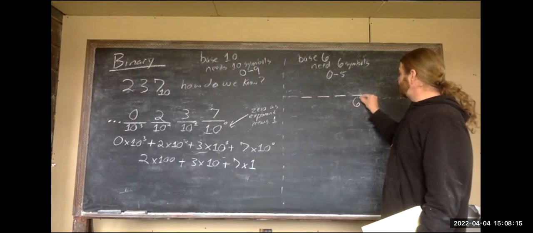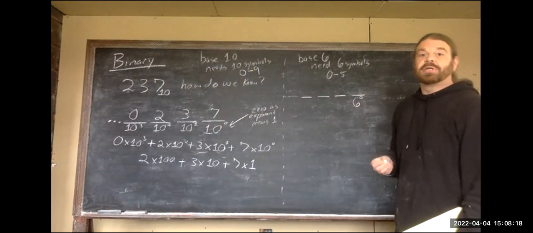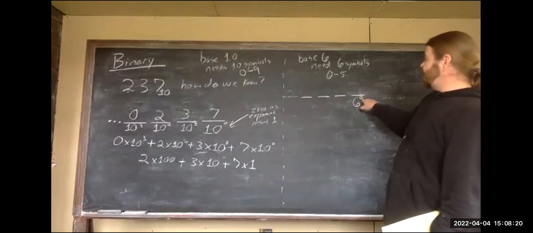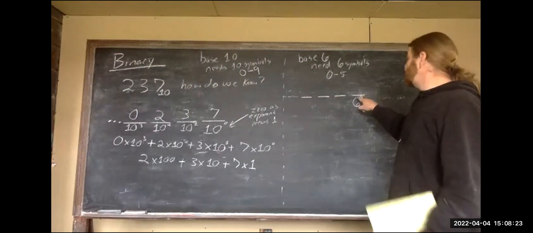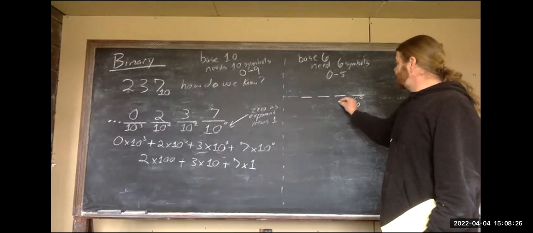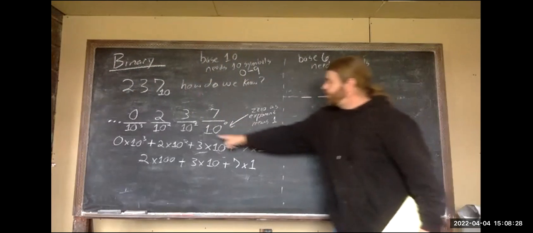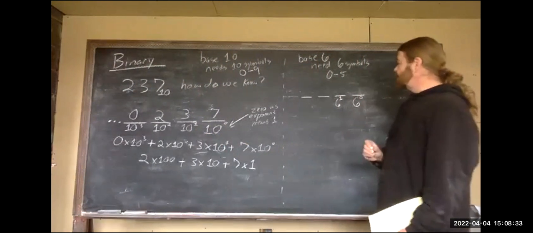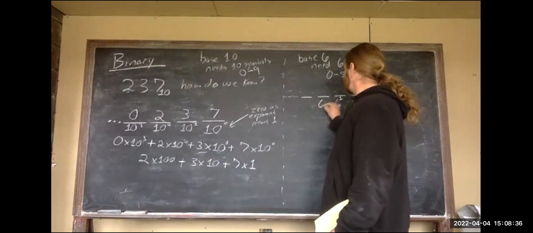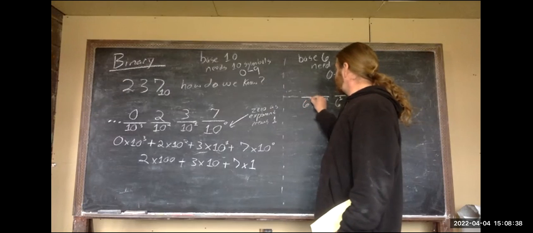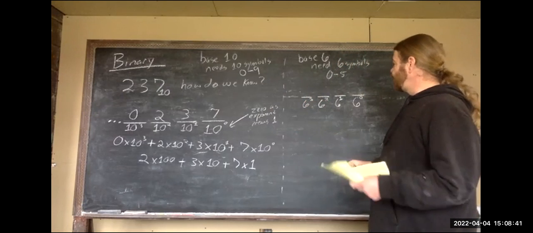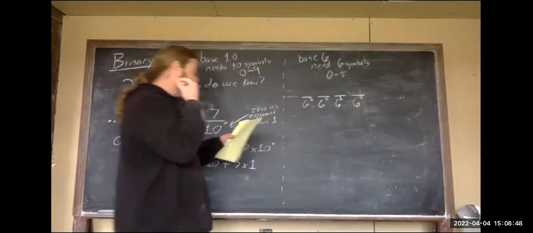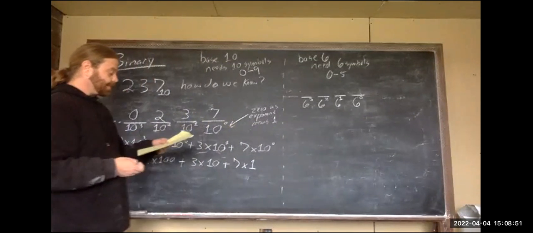Our smallest column is 6 to the 0 power this time, which again, anything raised to the 0th power is a 1. So still a 1's column, but then our next column, instead of meaning 10, is going to mean 6 to the first power, or just 6. Then 6 squared, 6 cubed. I think 4 digits will work for this. I don't like seeing those 6s all over though. I just picked an arbitrary one that wouldn't get too big.